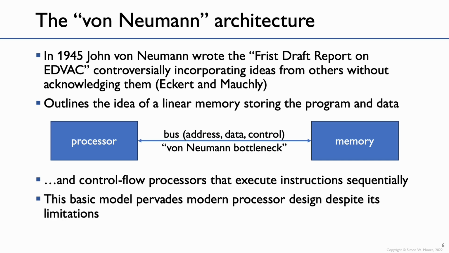In particular, the bus or the interconnect between the processor and the memory is often referred to as the von Neumann bottleneck, and it's often the point where everything becomes sequential and it ultimately limits the performance of the systems. Whilst people have tried other exotic things like data flow machines, nothing else has really worked out well enough in practice, and it's never really gained traction within the field.